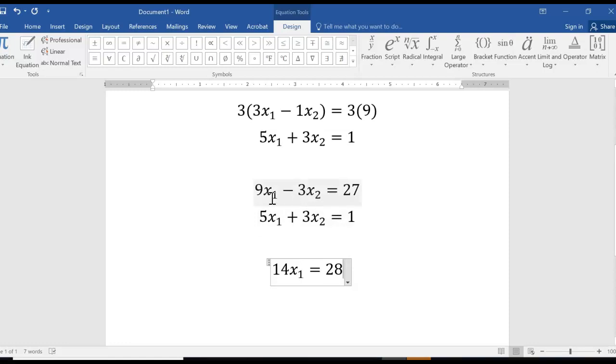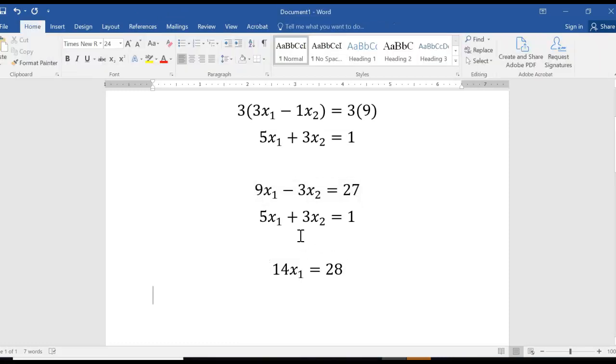However, when we want to create equivalent systems, if this one started with one line, I could end up with one line down here. But since this started with two different equations, this equation by itself doesn't suffice. So when we add these, we have to replace one of the equations.